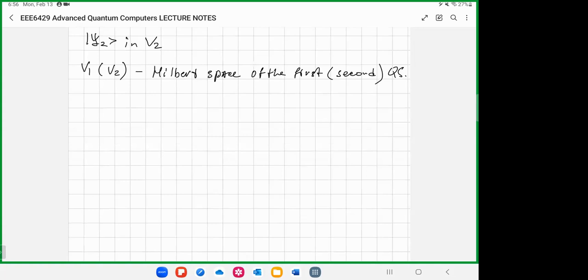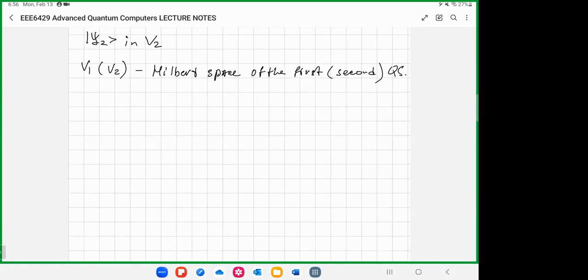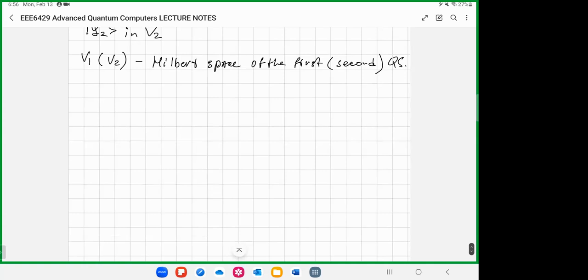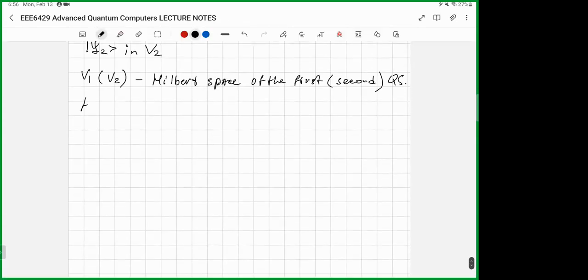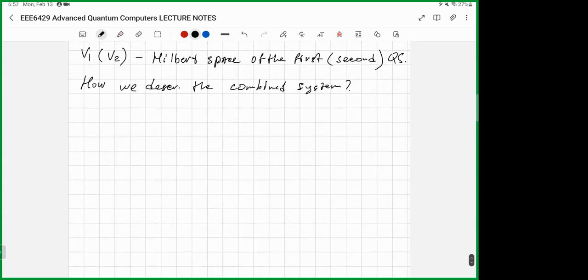So how do we describe the combined system?